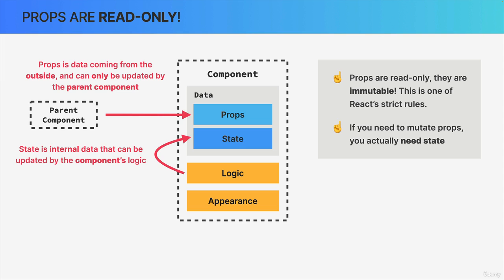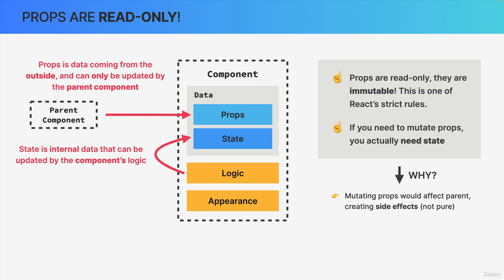But why is that actually? Why are props immutable in React? Well, to start, props are just an object. Therefore, if you change the props object in your component, you would also affect the parent component, because that's just how objects work in JavaScript. So when you copy an object and mutate the copy, the original object will also be mutated. Now, if you change an object that is located outside of the component function, that function has then created a so-called side effect.